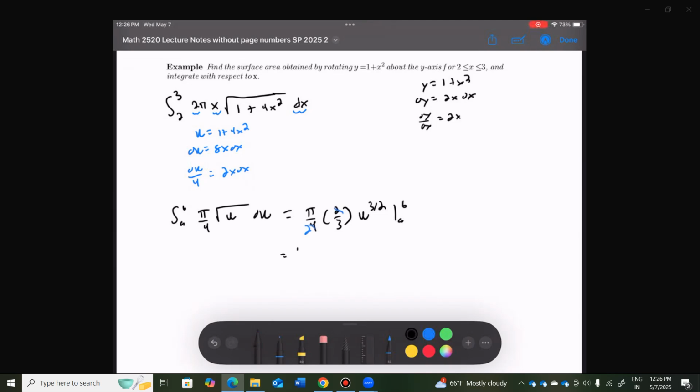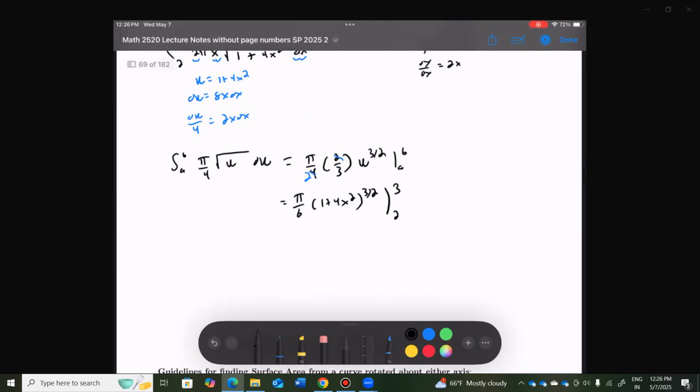So we end up with pi over 6, and then our u is 1 plus 4x squared to the 3/2, from 2 to 3. So we'll have pi over 6 times 1 plus 4 times 3 squared to the 3/2, minus pi over 6 times 1 plus 4 times 2 squared to the 3/2. And this should come out to be 81.14.